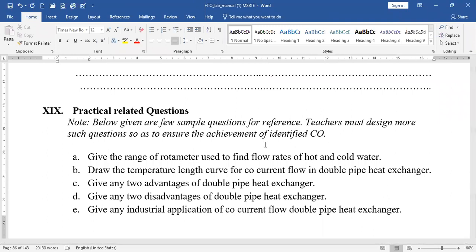There may be some questions related to this practical. For example, give the range of the rotameter used to find out the flow rates of hot and cold water. Draw the temperature length curve, that is nothing but the temperature profile curve, which we have already observed for the co-current. Then give any two advantages of DPHE, two disadvantages of DPHE, and some industrial applications of this co-current flow double pipe heat exchanger.